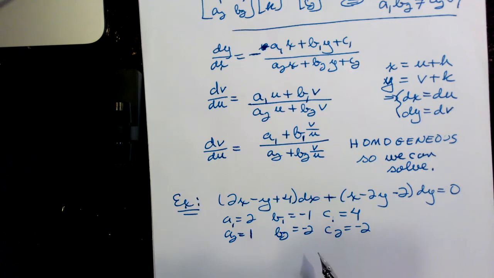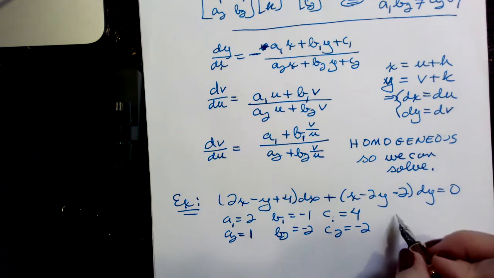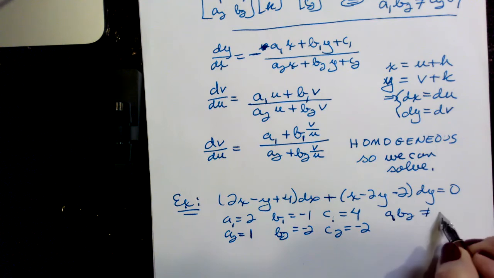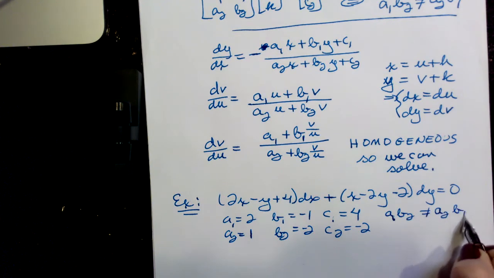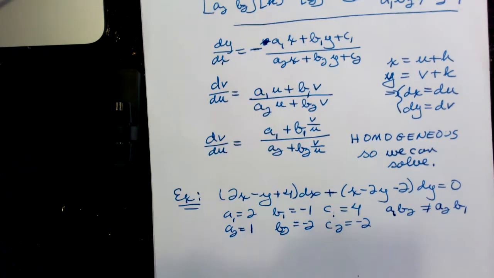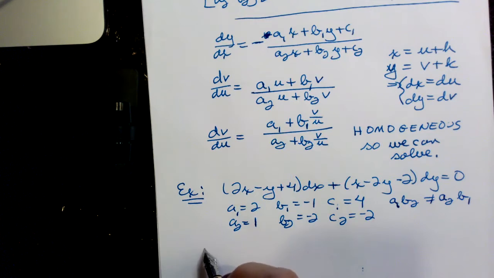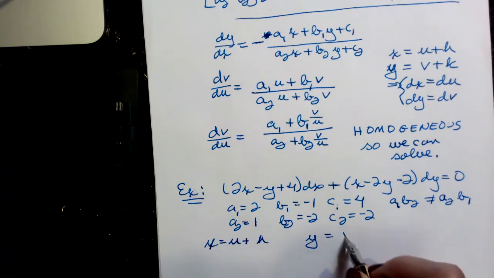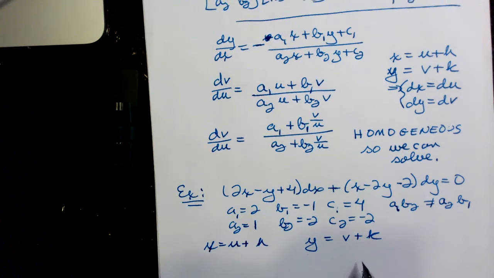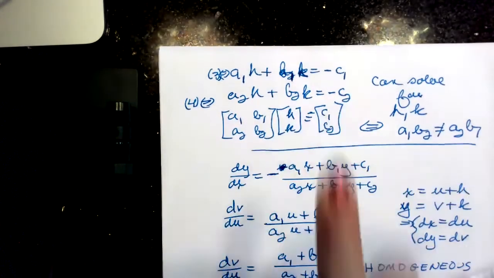All right, so we want to try to shift the axes. Let me remind you that a1 b2 does not equal a2 b1. So we want to set things so that x is equal to u plus h and y is equal to v plus k. And we want our equations to satisfy the system that we derived before, which I have written up here.